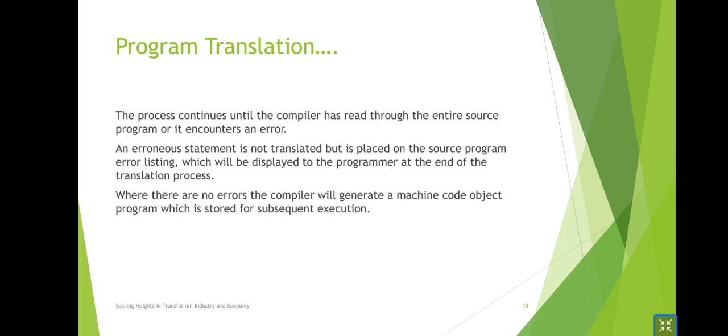If there is no error, then it will convert it into the executable format, and it is this executable format that will run so that you can solve the problem that you intended to solve initially. So compilation should not be a problem to us, because it will be done by the programming language that we shall be using.